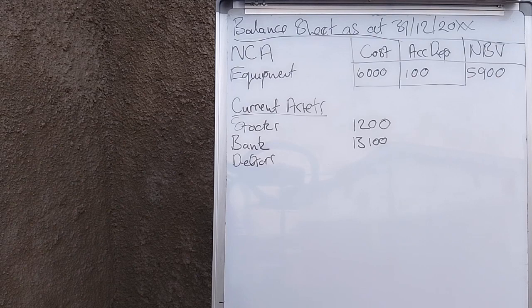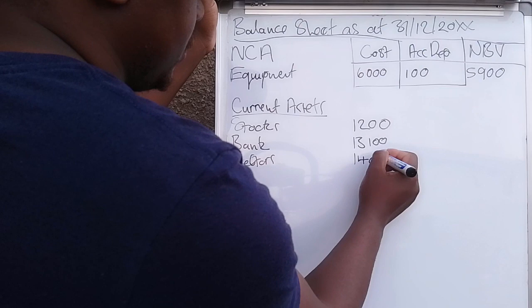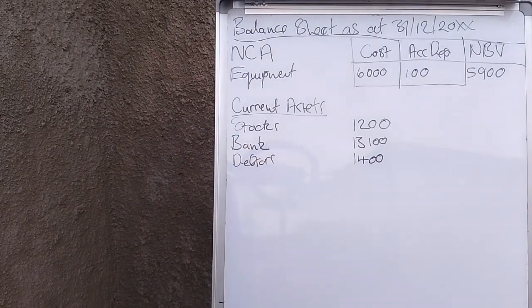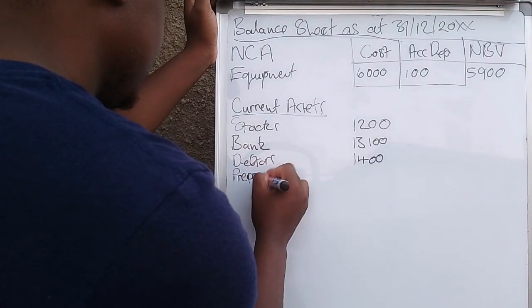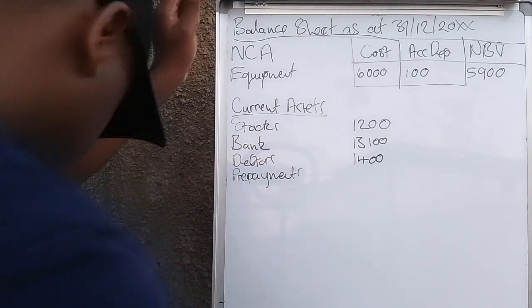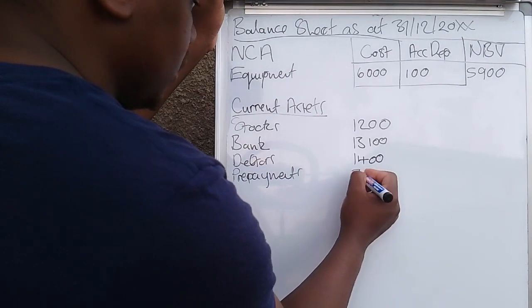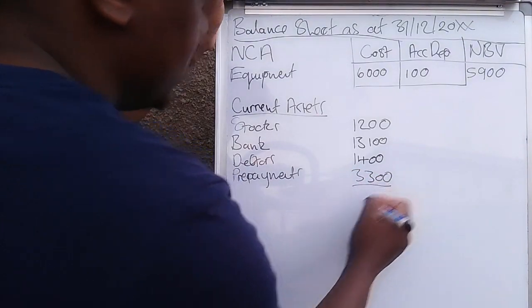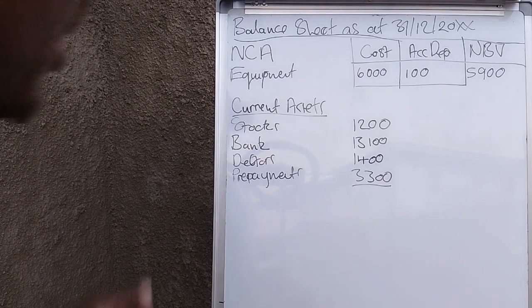We have this at 1,400. We have prepayments. Our prepayments are 3,300. So we find the total there. Our total becomes 19,000.